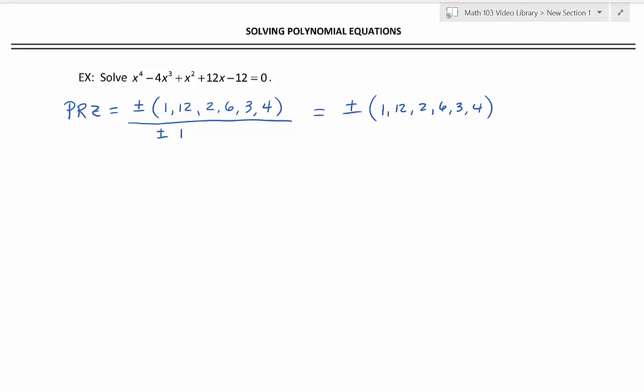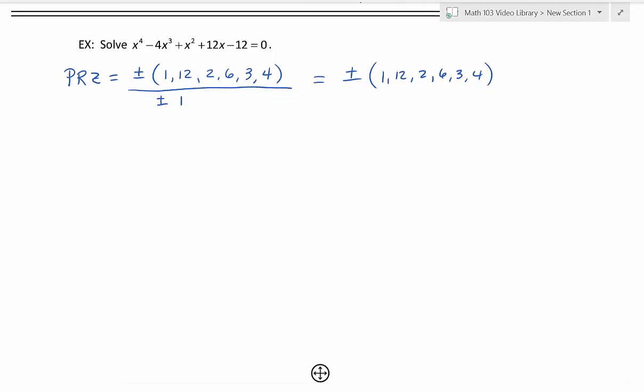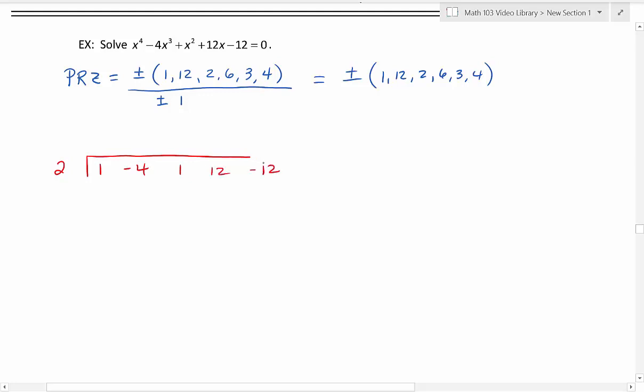I think I'm just going to go right down my list. Well, I don't want to check the big numbers to start, so let's check 2. Synthetically dividing 2 in. Let's see what we get here.